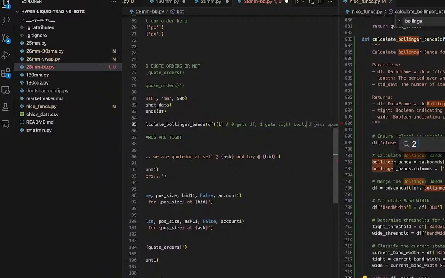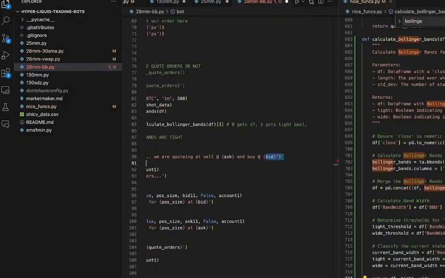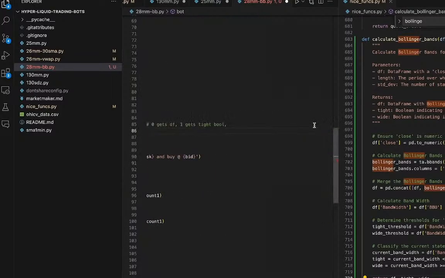Tight bool. And 2 gets wide. 2 gets wide Bollinger Bands.